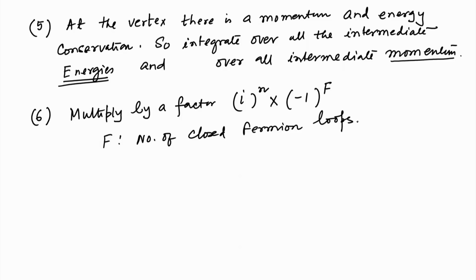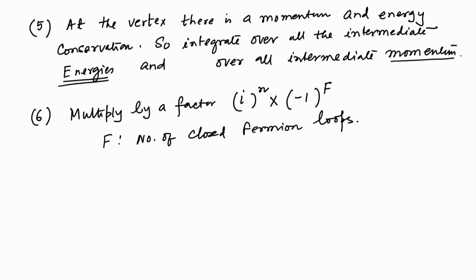So, these are the number operators. If we have one number operator, then we will have to multiply by minus 1 to the power 1. If there are two of them, there will be no sign, because minus 1 whole to the power 2 is 1, and so on.